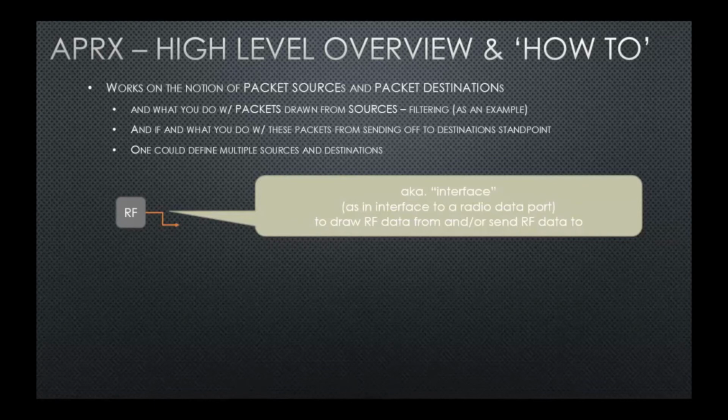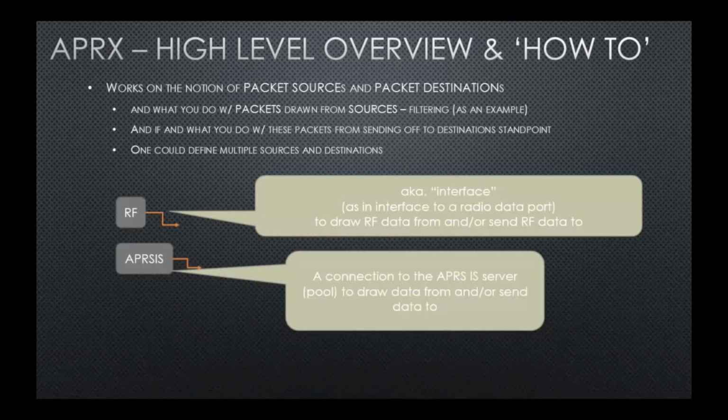An interface is a radio that's listening in on a certain frequency, sort of a notion. The interface can also be a destination in this model, meaning you not only are able to hear the packets, you're also able to send packets through this. So it's both a source as well as a destination.